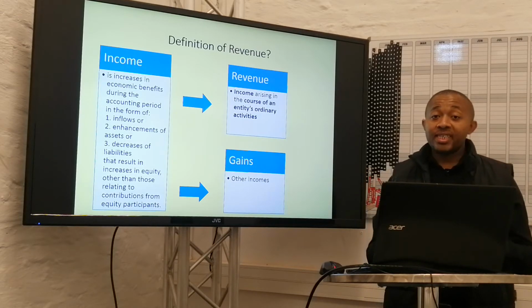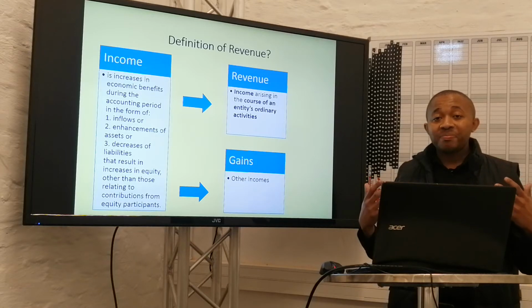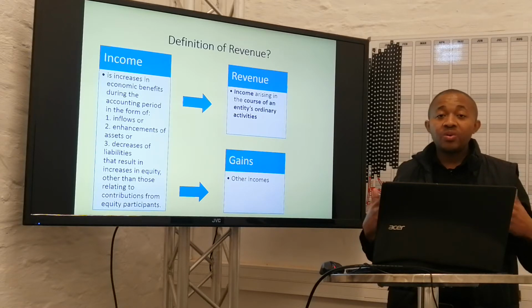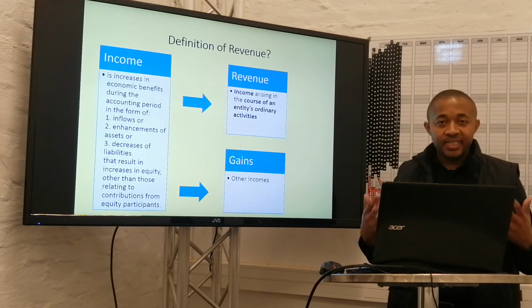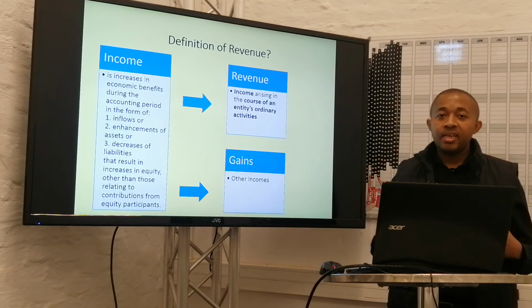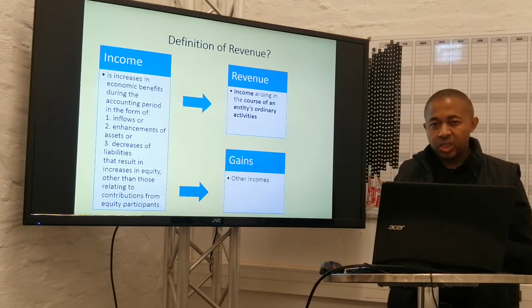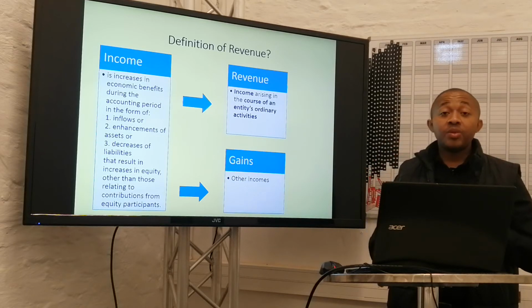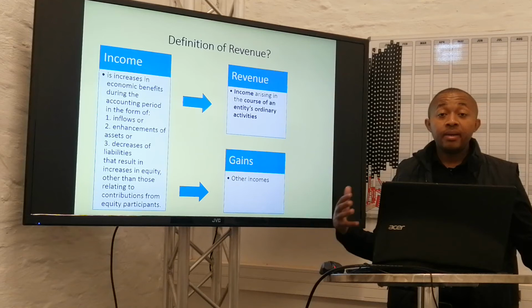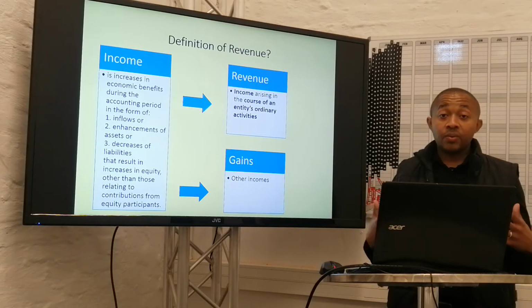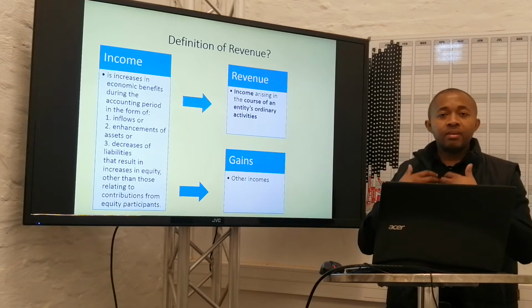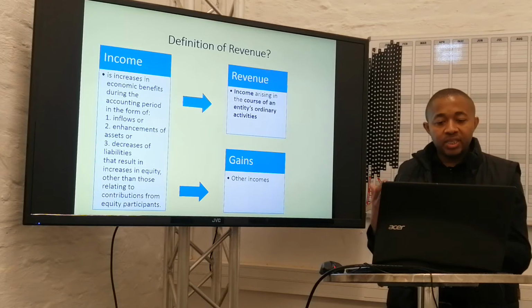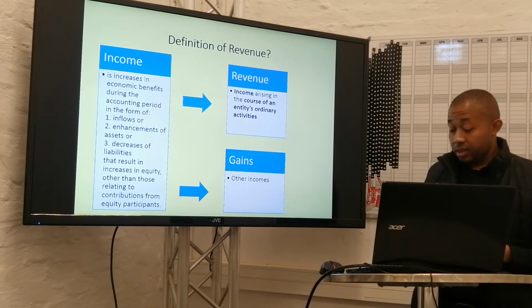For example, if you are a cell phone operator, your normal services are providing data and selling handsets. So revenue arising from that is revenue from your ordinary course of business. But what if you sell the building where you are conducting your business? The income you would receive from disposal of that building wouldn't be income arising from your ordinary course of business.